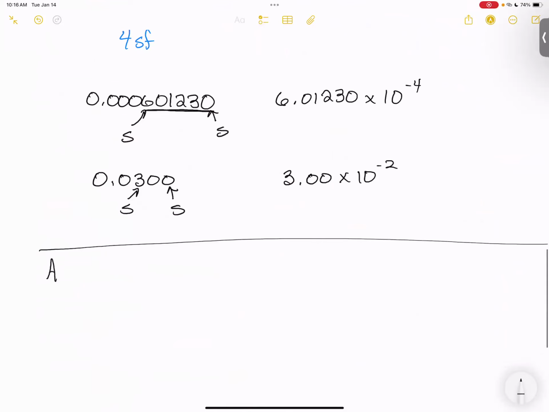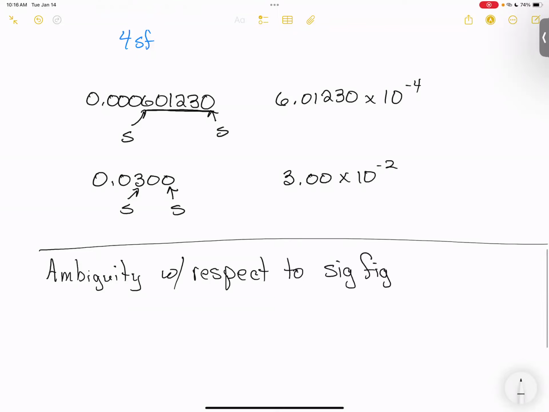The ambiguity with respect to significant digits is in whole numbers.